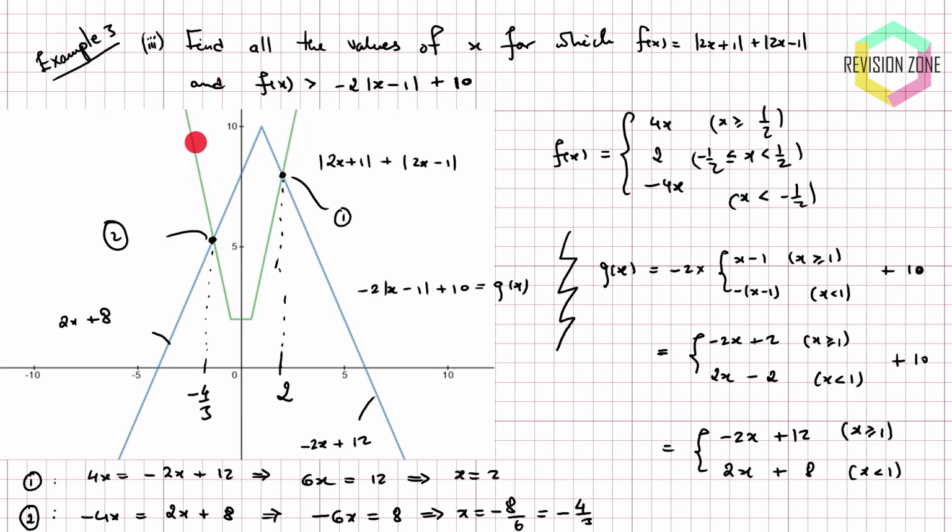Let's mark that explicitly. Because we're dealing with a hard inequality, we're not going to count those points in. So the solution is x is less than minus 4/3, or x is bigger than 2.